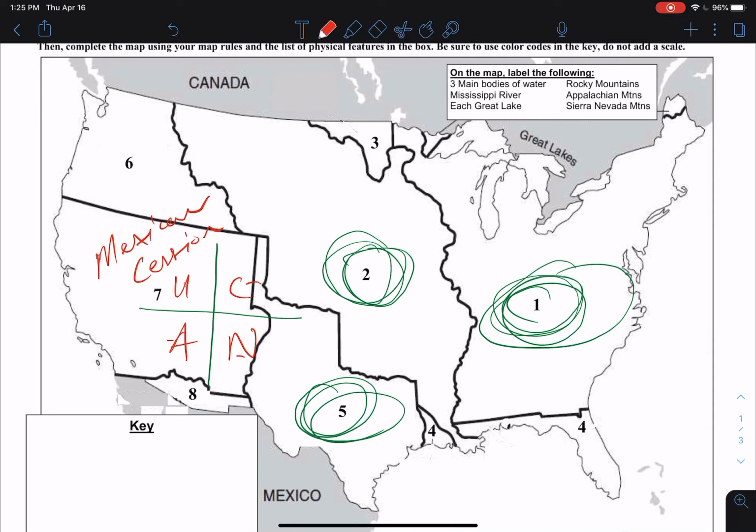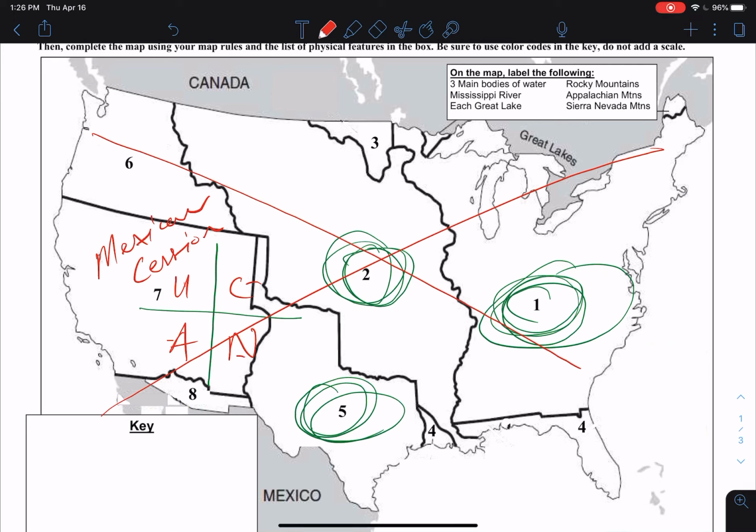Because to me, is it really about this map? No, it's really not. It's really not about this map of territorial acquisitions. This map is just a tool that you're using to be able to build your brain and be able to look at a graphic in high school and in college and be able to break it apart in terms of different layers, right, of this cake, and be able to process and organize information about each layer of information and tie it to this bigger idea of westward expansion and manifest destiny.